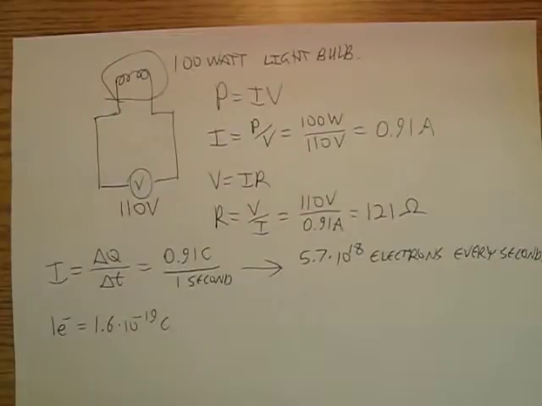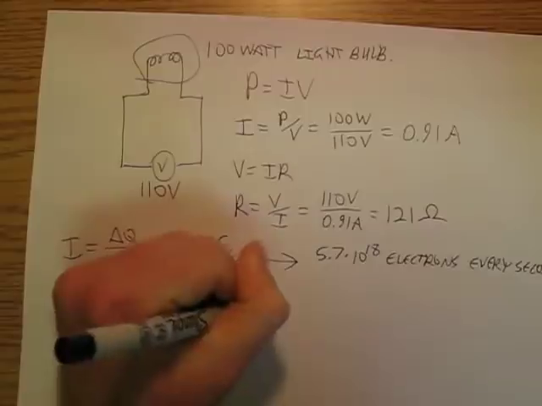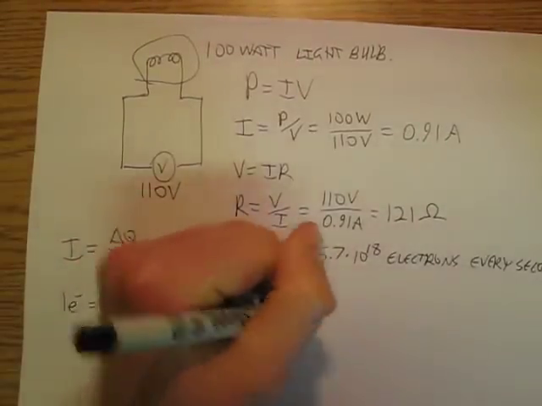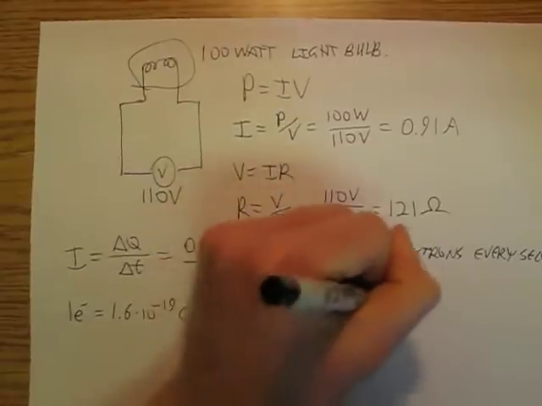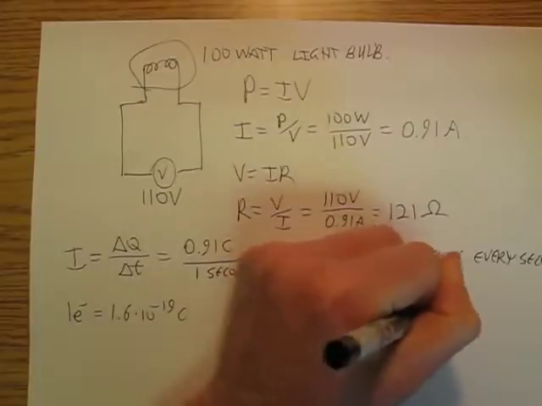And tungsten has a resistivity of 5.6 times 10 to the negative 8th ohm-meters.